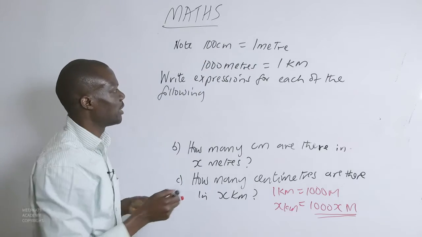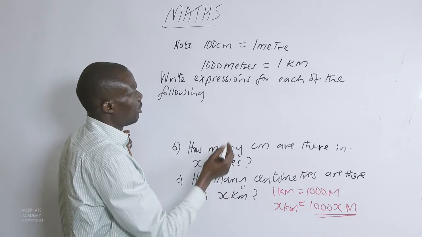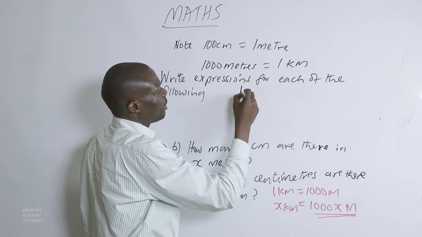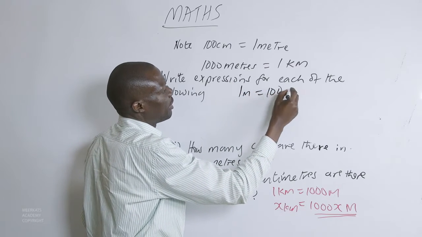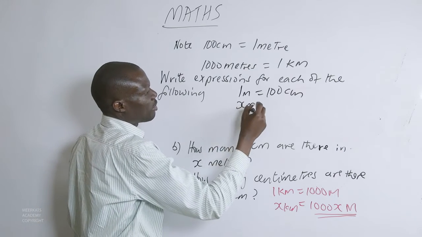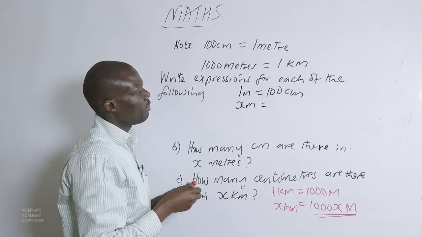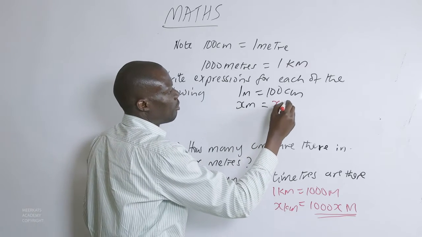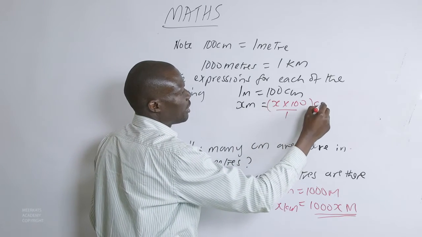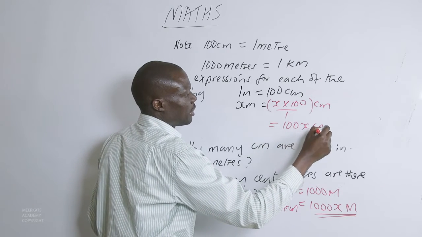If 1 meter equals 100 centimeters, then X meters will be equivalent to X multiplied by 100 over 1, and the answer is in centimeters, which is simply 100X centimeters.